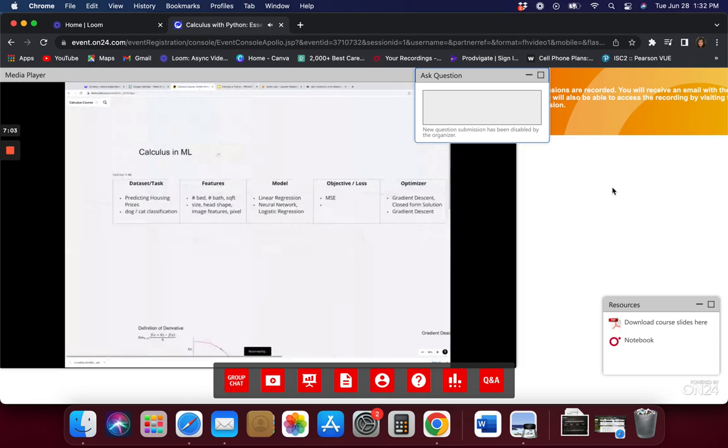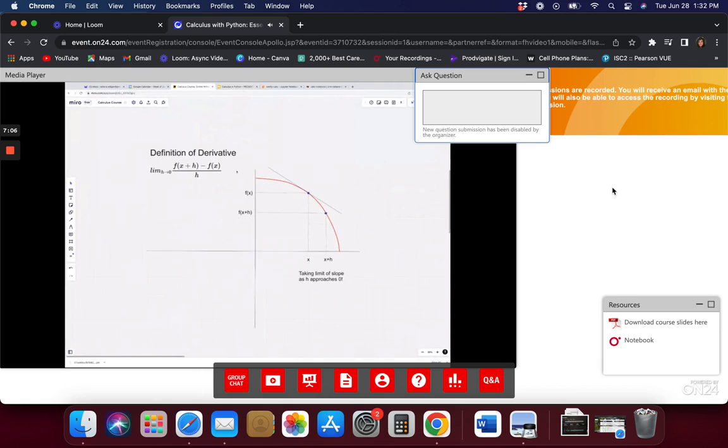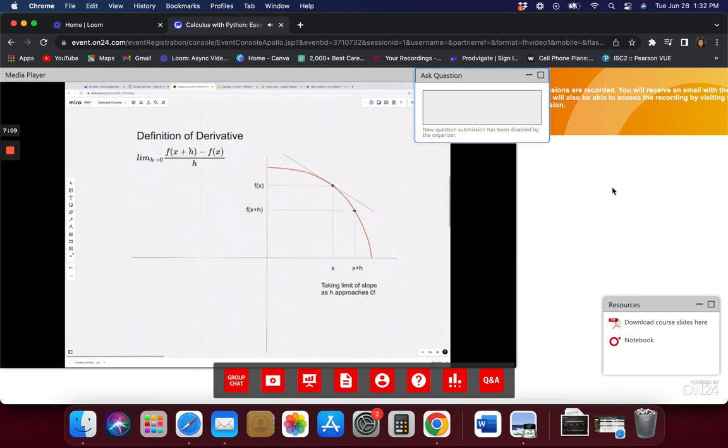Here we have the definition of a derivative, and then we have this graph. Suppose this is the point whose derivative we're trying to find. In order to find the slope of this blue graph, here we have our point f of x and then f of x plus h, and our total run right now is h. So what we're finding is the slope of the line, rise over run.